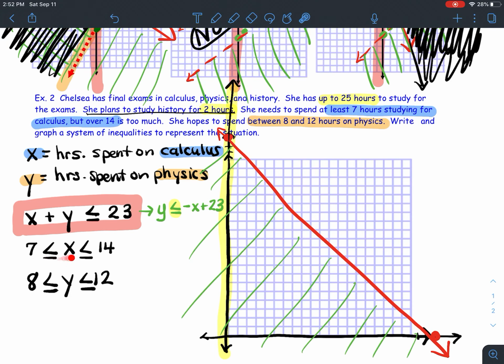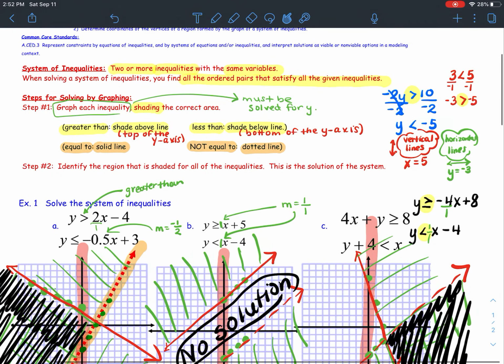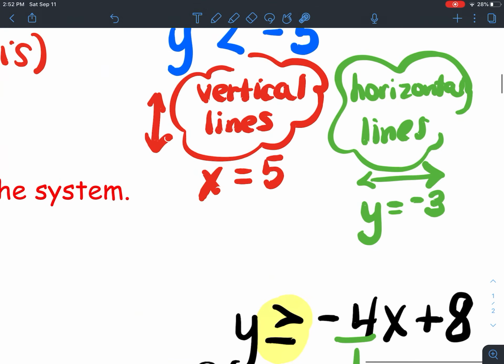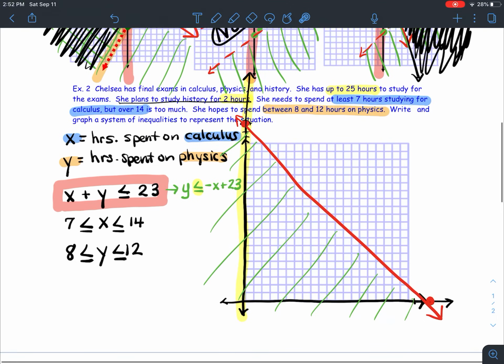Now when I go to graph this, remember we reviewed at the top here how vertical lines look. The equations of vertical lines just have an x in them, and when it's horizontal, it just has a y. So for this inequality, because there's just an x, I basically need to graph two vertical lines, one at 7 and one at 14.